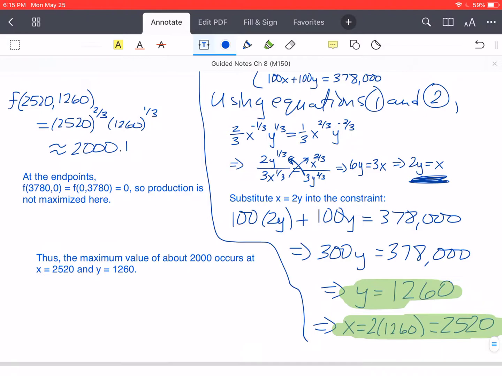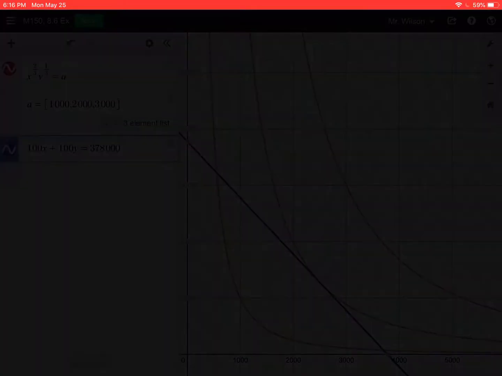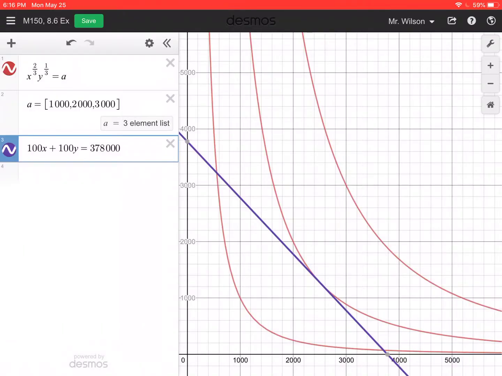Right, so that is our maximum value and our maximum production level in this scenario. So if we go back and look at the graph, we see where we hit that contour of 2,000. So again, we expected it to be around 2,000 because that's where that contour is.